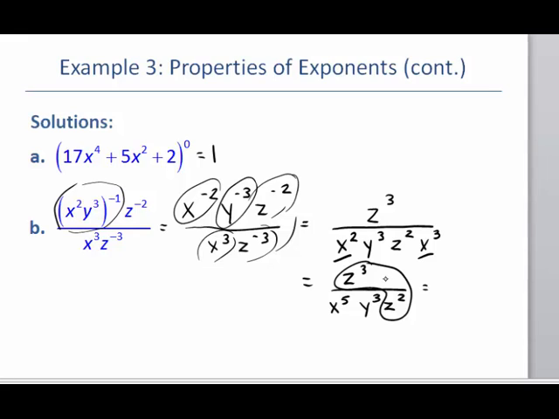So this part becomes z to the 3 minus 2, which would be z to the first. And then I'm going to rewrite the bottom part. Now, technically, we don't tend to write z to the first. We just write z, and so we'll leave it like that. All right, so our final answer is z over x to the 5th, y to the 3rd.